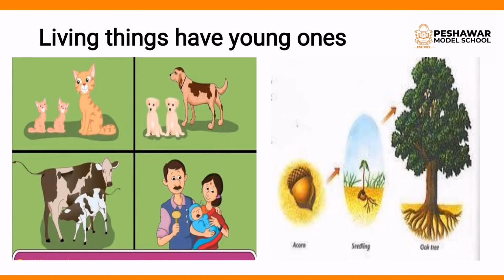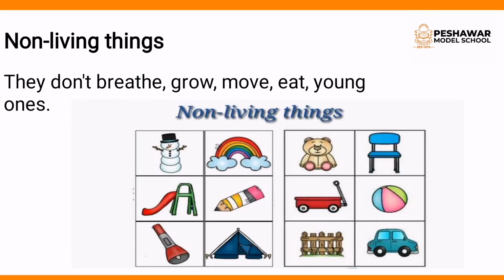As we put the seed in the soil, a baby plant comes out of the seed. That is called a baby plant. So animals, plants and human beings are living things because they have young ones.